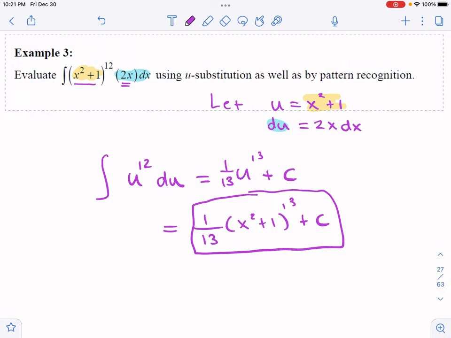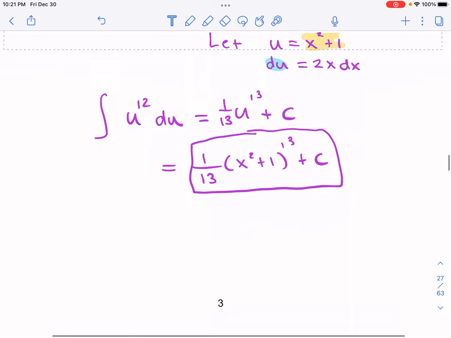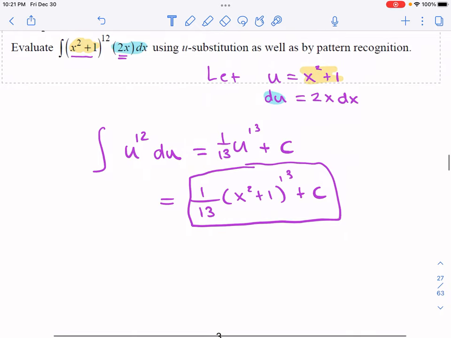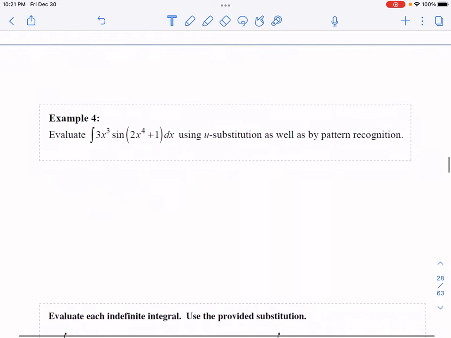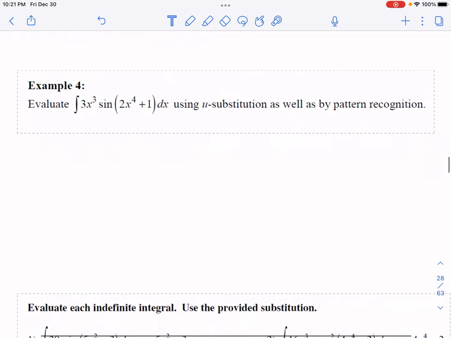So we've used this substitution as a vehicle to make a somewhat less obvious indefinite integral into one that was much more obvious. u to the 12th is a pretty straightforward antiderivative to take. Let's try one more, and then we'll do different examples in another video.